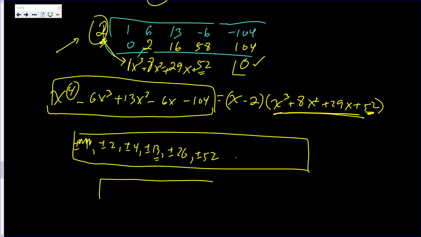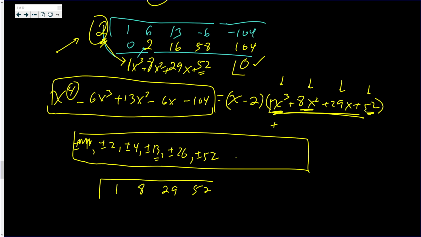So the synthetic division is going to be 1x cubed, 8x squared, 29x's, and a constant of 52. Now, these numbers are all positive. In other words, if you plugged in a positive x, when you cube that number, it is positive.